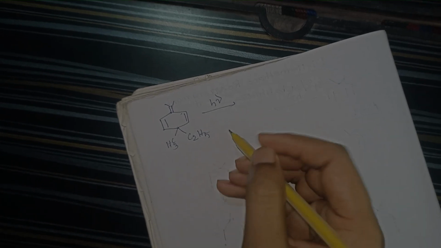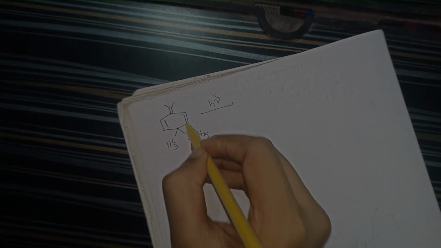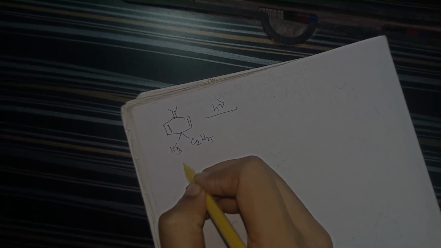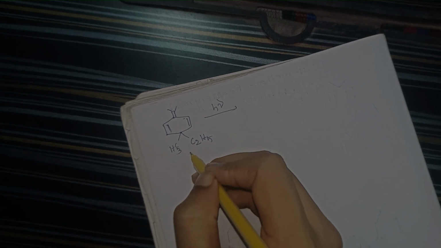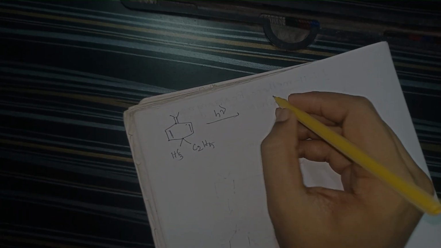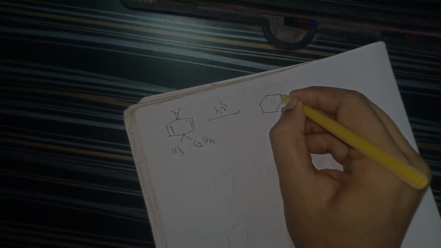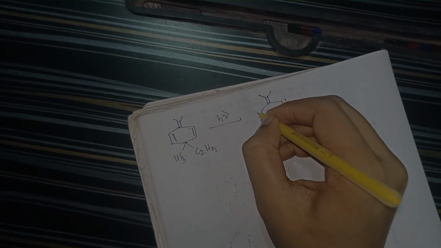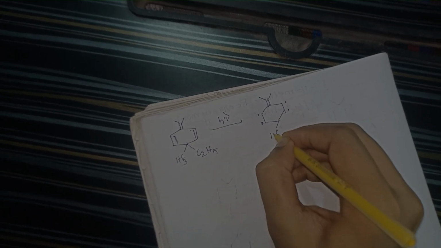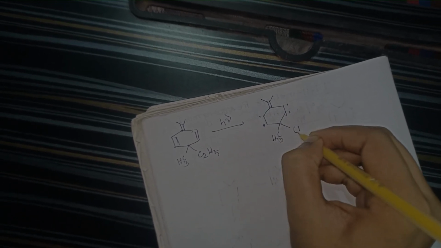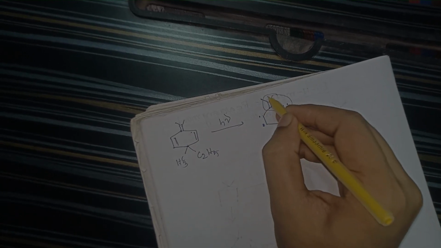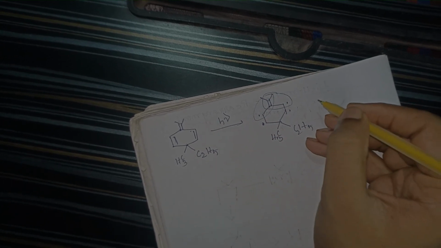Let's see this example. Here two double bonds are present, an sp3 carbon is present, and two substituents are also present. So the di-π-methane rearrangement occurs. These two double bonds break and turn into radicals. Here you can see this is an allylic radical, this is also an allylic radical, so this is a stable radical.